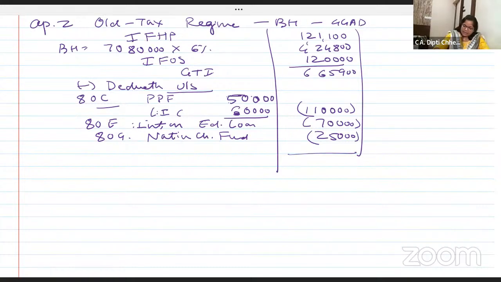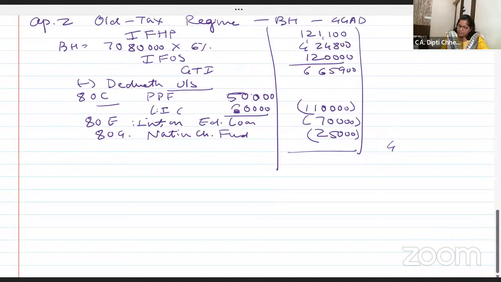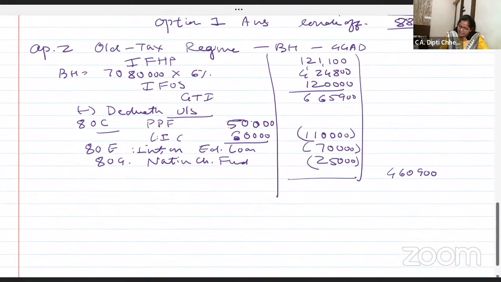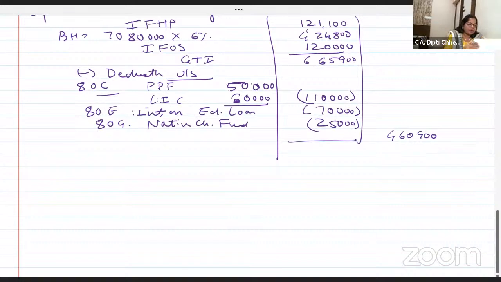Done? 4,60,900. Nice, clear to all of you? 4,60,900, we write here, this is your total income.